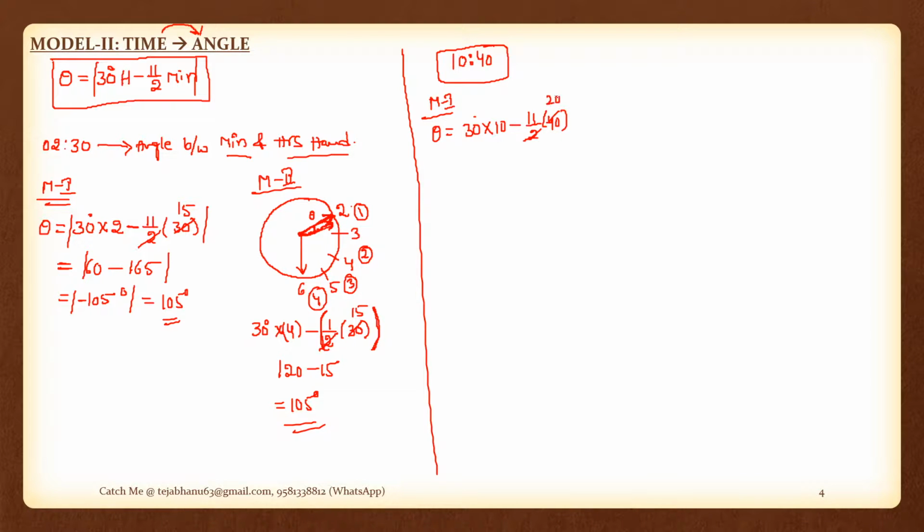This goes 20 times, so 300 minus 220. It is 80 degrees.